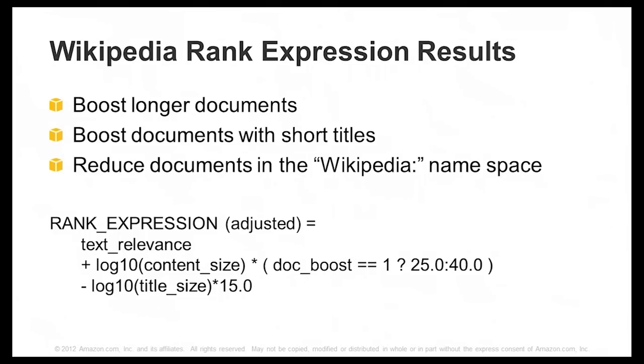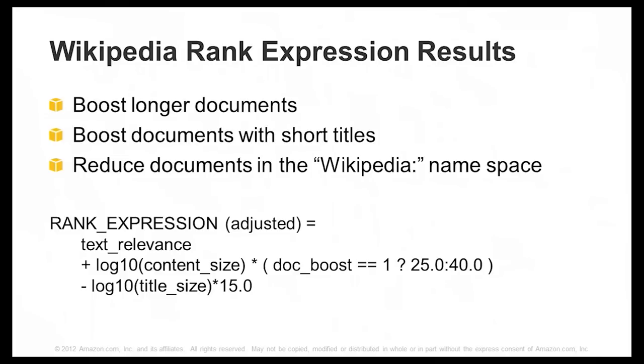Expressions are uber flexible, and they work great. I mean, you just specify the expression in the CloudSearch console, and then it'll create a rank expression that you can then use for sorting with the rank parameter. So it's very easy. In the case of Wikipedia, we decided to boost longer documents. That's because longer documents tend to be more comprehensive documents, which are more descriptive.